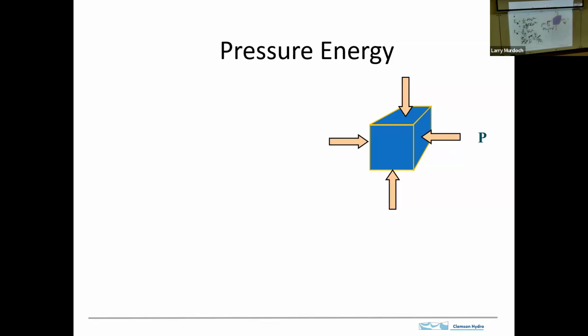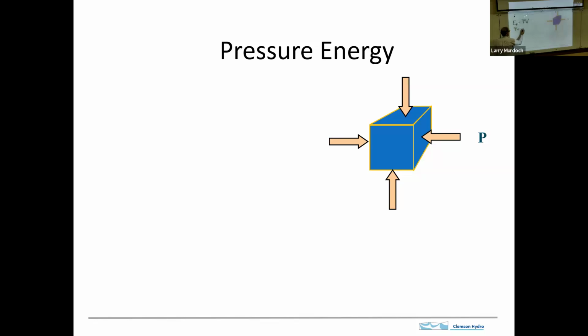All right, so pressure energy. Pressure is acting on this cube in all directions. The energy from that is just going to be the pressure itself times the volume.